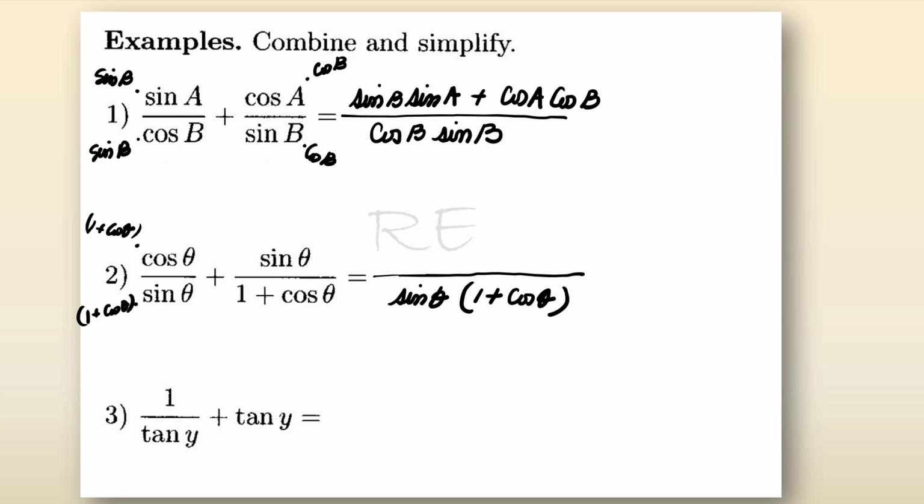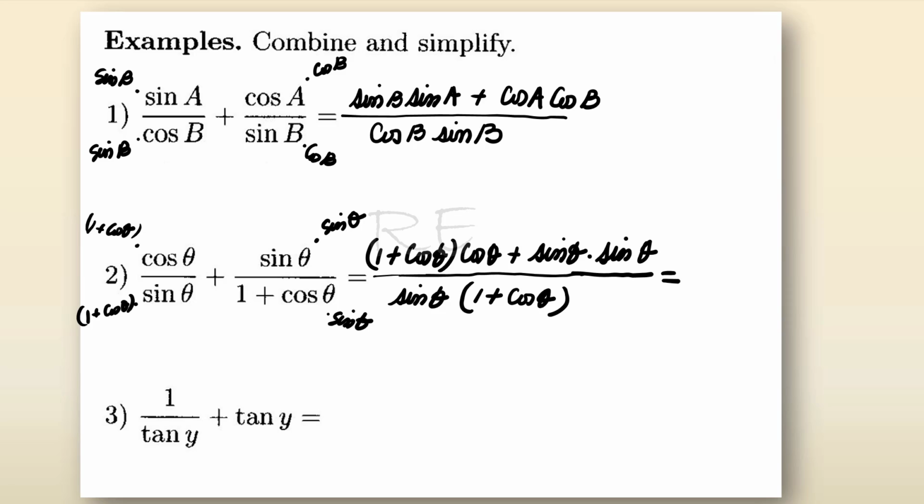Therefore, the numerator will become 1 plus cosine theta times cosine theta, plus the second fraction needs to be multiplied by sine theta to get sine theta times 1 plus cosine theta, and sine theta times sine theta eventually will become sine square theta.